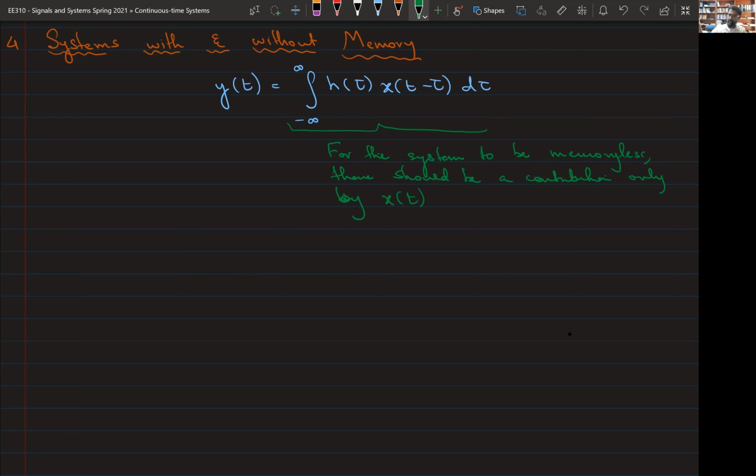Nothing in the future of x, nothing in the past of x, right? So when is this condition satisfied? This is satisfied if and only if, what form would h of t take? H of t is of this form. H of t equals k, some constant times delta of t.